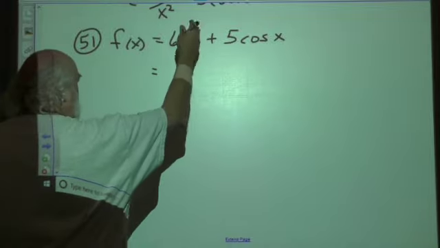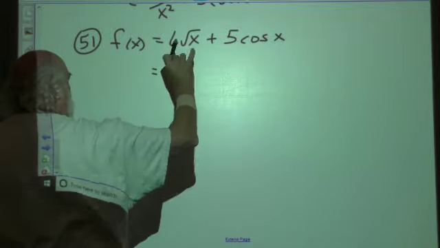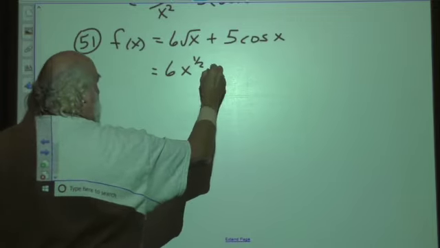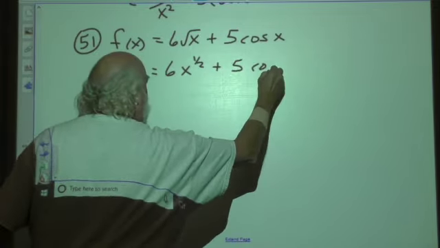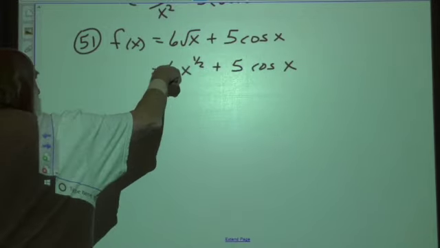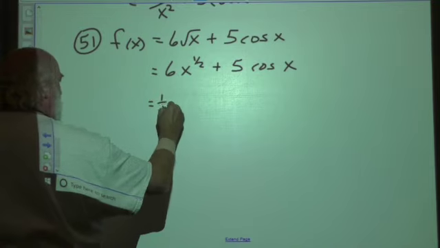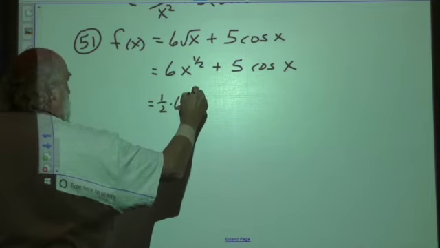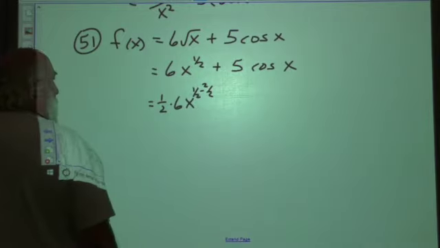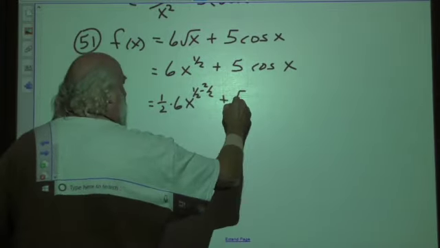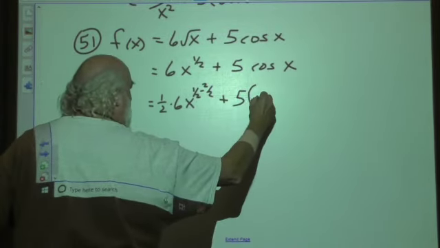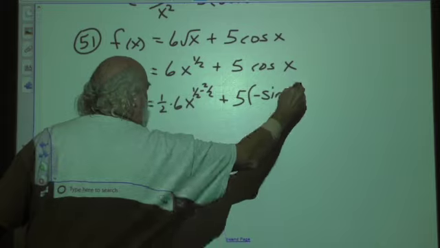Okay, so we got a little manipulation with this right here. We have to rewrite this in exponential form. So the 6x to the 1/2 power plus 5 cosine x. So we multiply, we bring down this 1/2, multiply it by 6, so 1/2 times 6, x to the 1/2 minus 1, which is 2 halves, plus 5 times, and the derivative of cosine is negative sine of x.